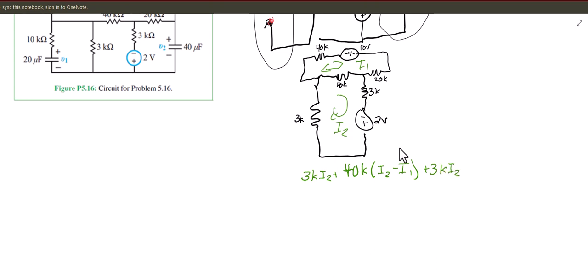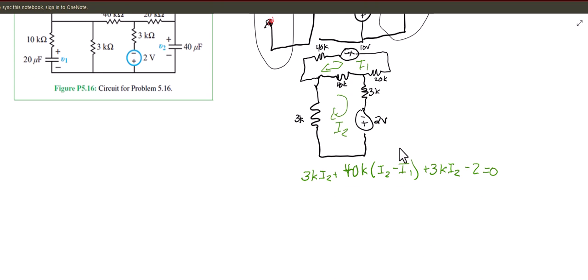And then because we're going into the negative side of the voltage source, that'll be minus 2 equals 0. Let me make sure that matches what I have here. It does.